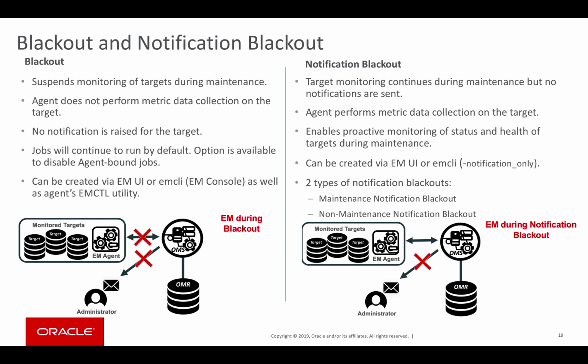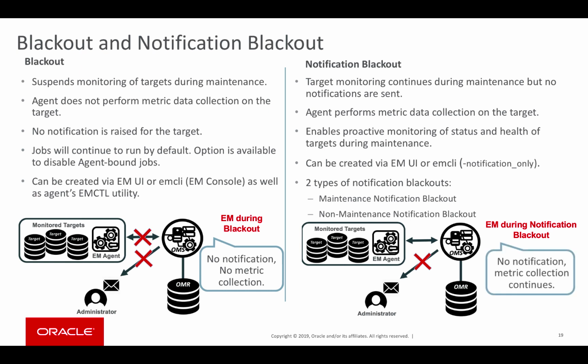So what's the difference between blackout and notification blackout? Blackout suspends the entire monitoring of the target, so no metric collection is being done during that time. Notification blackout, on the other hand, suppresses the notification but continues to collect the metric values from the target.